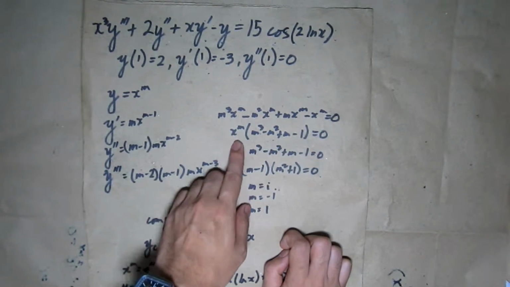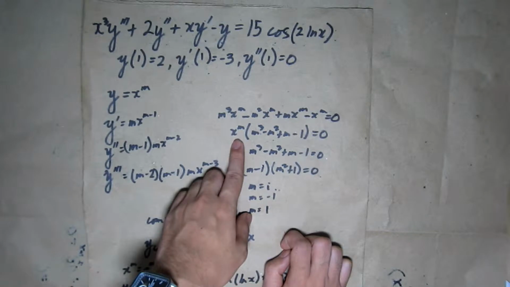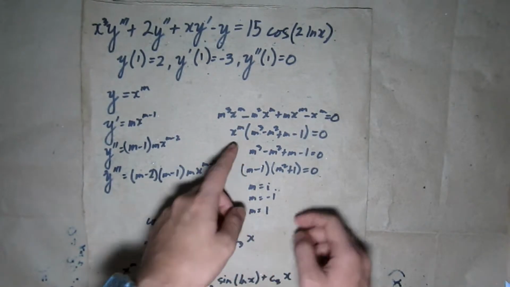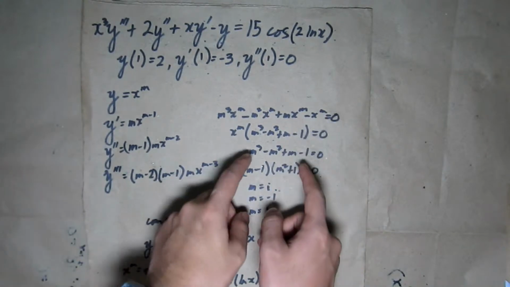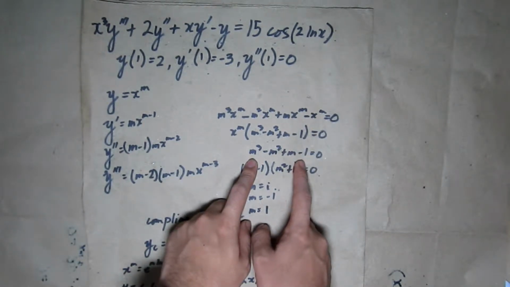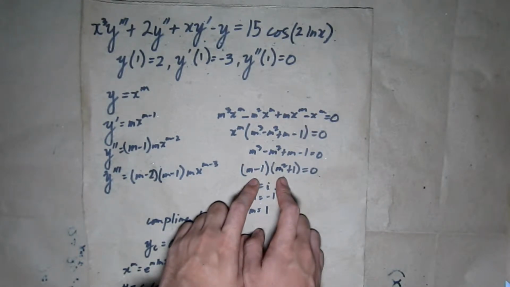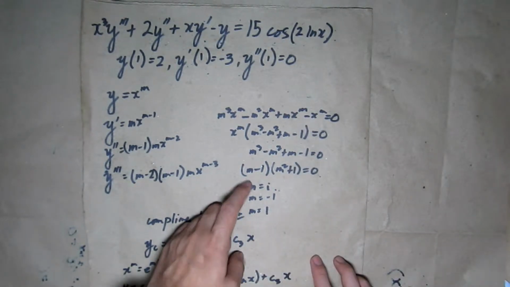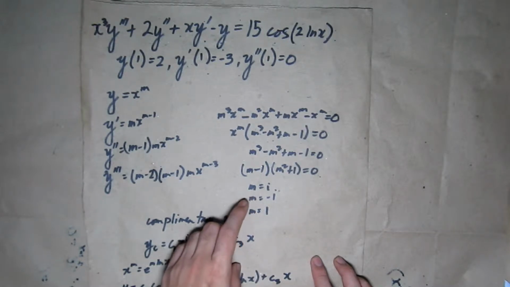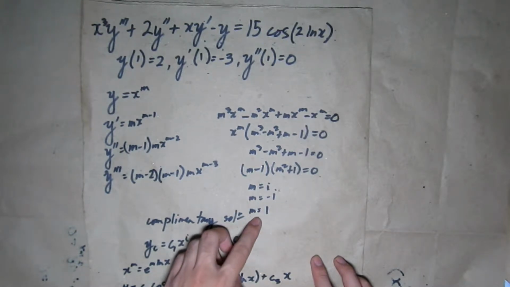When we factor it out, assuming that x is not equal to 0, the expression x raised to the power of m is not equal to 0, so we leave that out, and then we solve for the roots of the polynomial. After that, we factor it, and then solve for the value of m. So we have here m is equal to plus or minus i, or m is equal to 1.